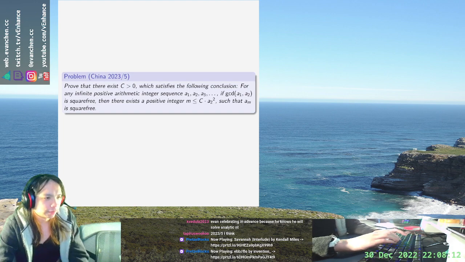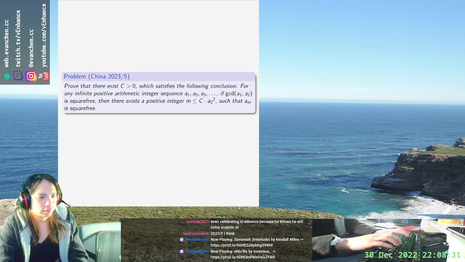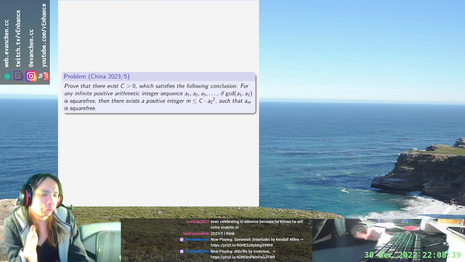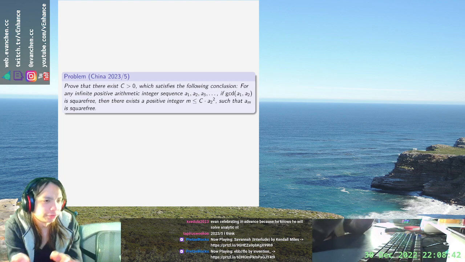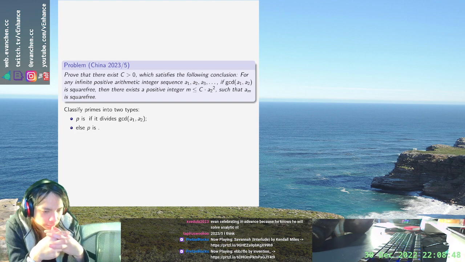Okay, so we're going to classify primes into two types. I want to treat the primes dividing A1, A2, and the GCD differently from the ones that divide, actually, that's not even the right thing.